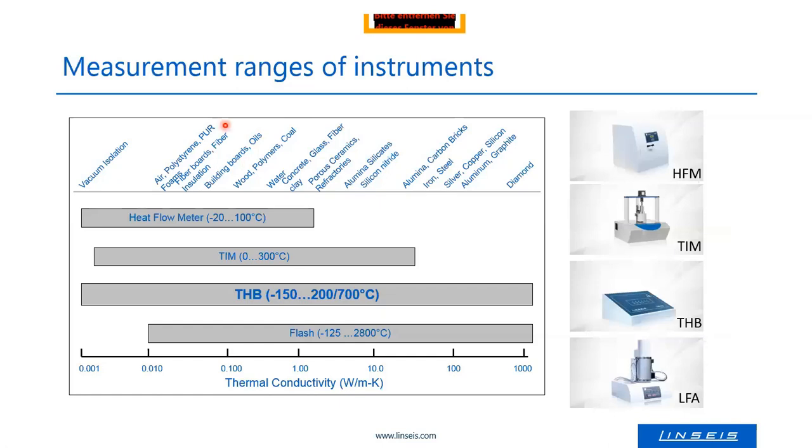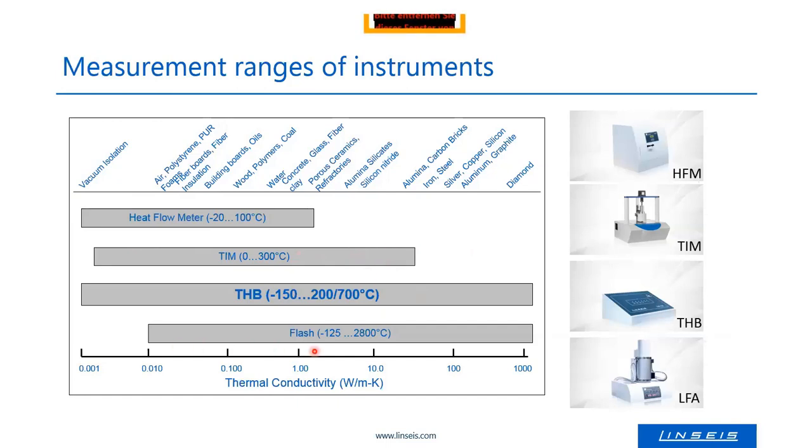The next slide is showing the measurement ranges for the individual instruments. So you can see on the top the heat flow meters, the steady state instruments are for lower conductivities. The TIM tester, which is also a steady state method, can measure a little bit higher to higher conductivities.